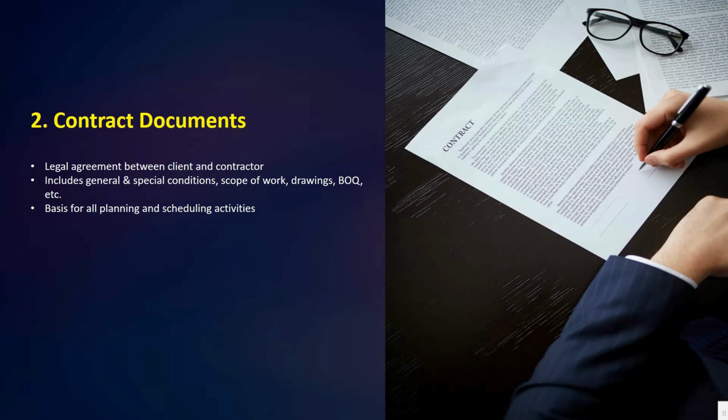They include the conditions of the contract, the scope of work, the specifications, the drawings, and sometimes the bill of quantities. All planning and scheduling activities must follow the contract documents because they form the baseline agreement for what is required in the project.